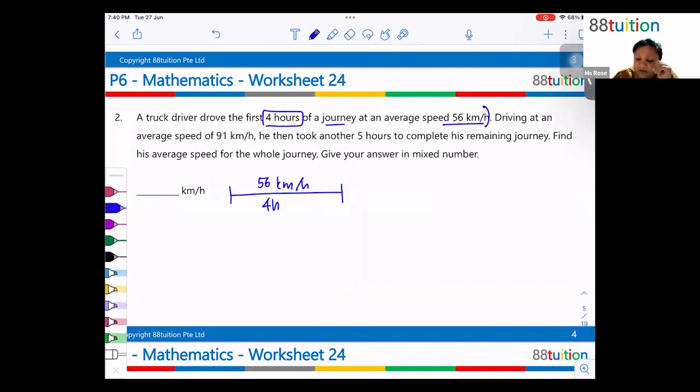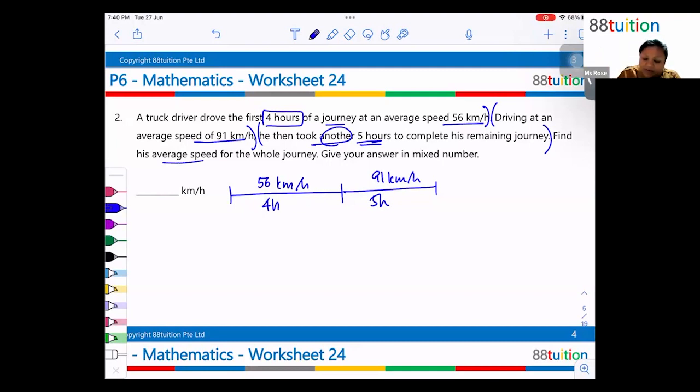If he continues driving at an average speed of 91 kilometers per hour, he took another 5 hours to complete his remaining journey. So the first part of the journey is 56 kilometers per hour for 4 hours, and the second part is at 91 kilometers per hour for 5 hours. That's the remaining journey.